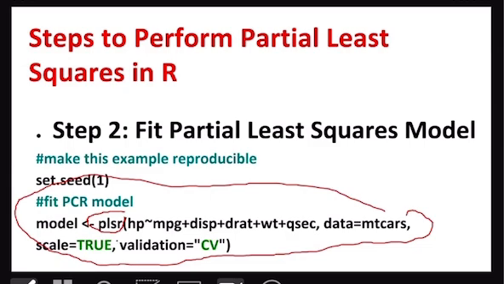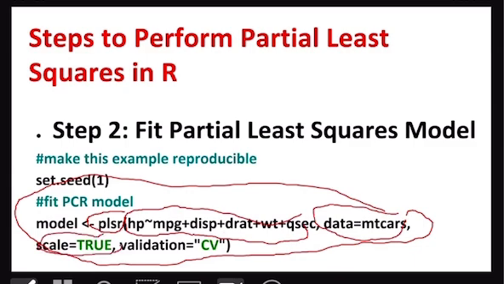You're still looking at the relationship between the variables. The data is mtcars, as in R. And you set scale equal to true. If you choose scale equal to false, you are not standardizing your data. That's not good. Then cross validation.